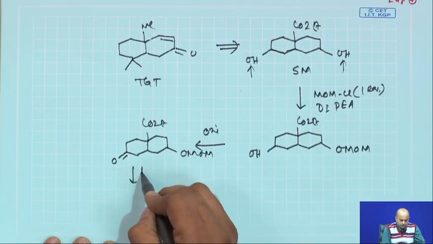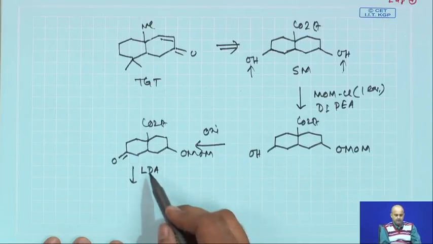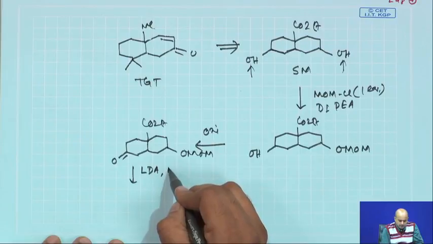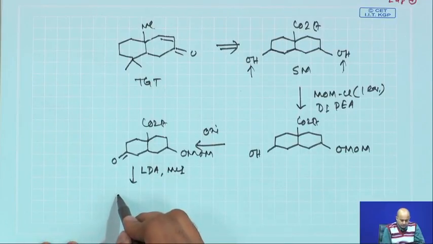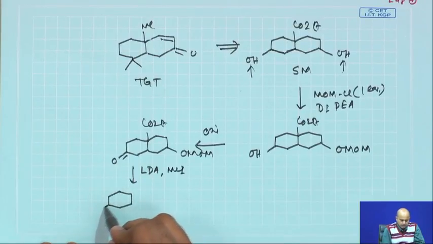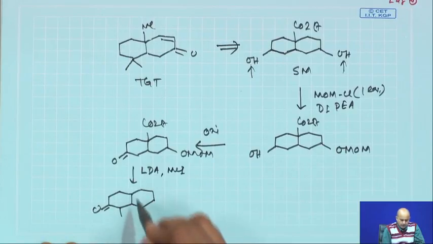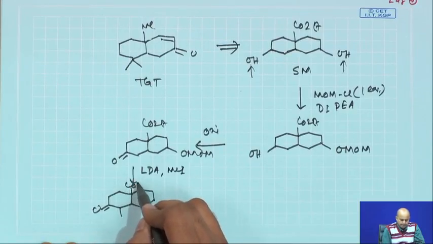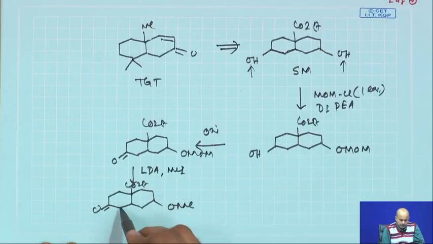Now, I say if you use LDA and methyl iodide, so initially there is a possibility that you get only this monomethylation.